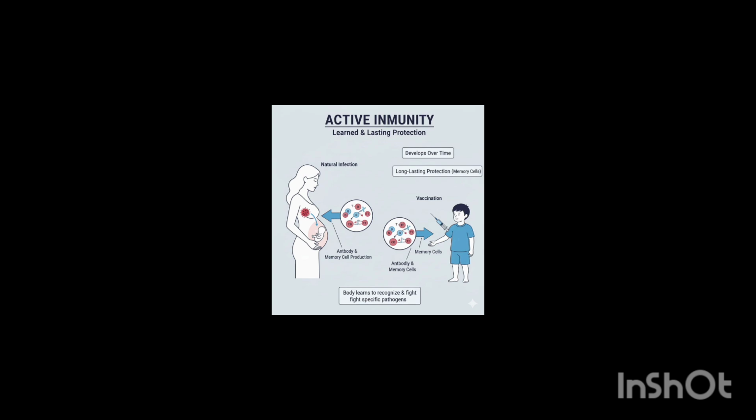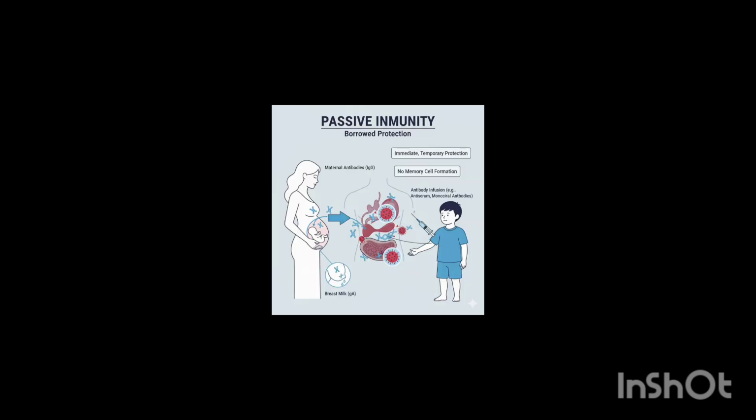particular agent. In contrast, we receive ready-made antibodies from an external source in passive immunity. For example, in case of snake antivenom, horses are exposed to snake venom and produce antibodies against it.